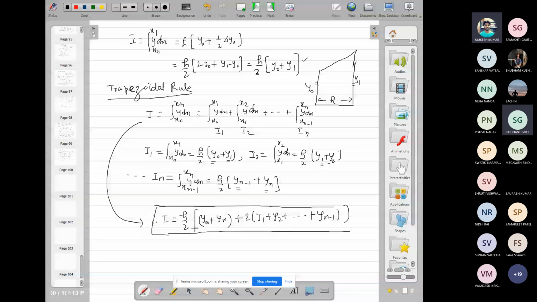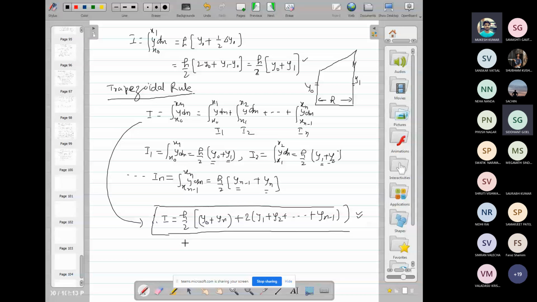We obtain the value of the integral I from x0 to xn. So this is the case when n is equal to 1, the trapezoidal rule.